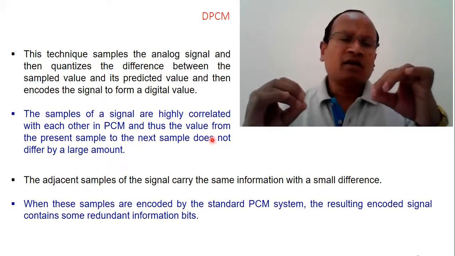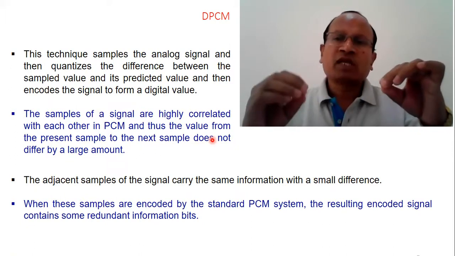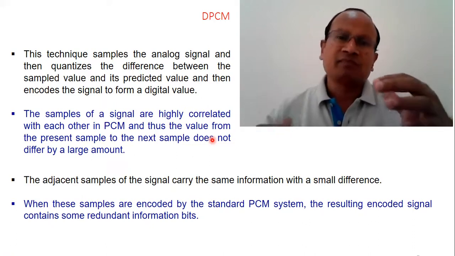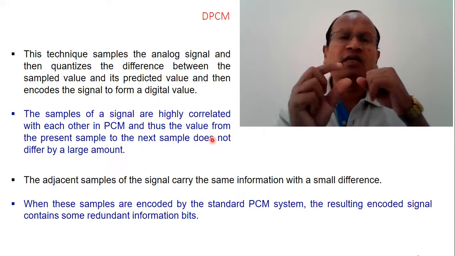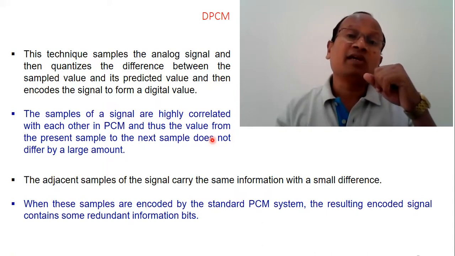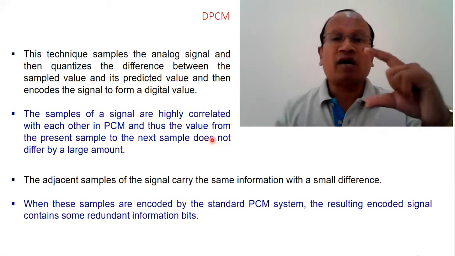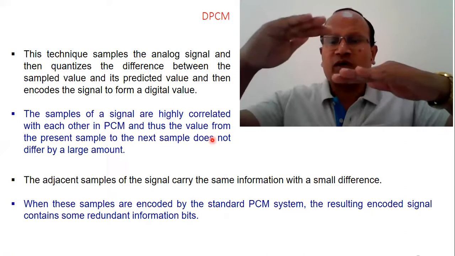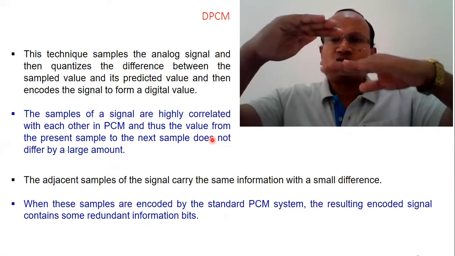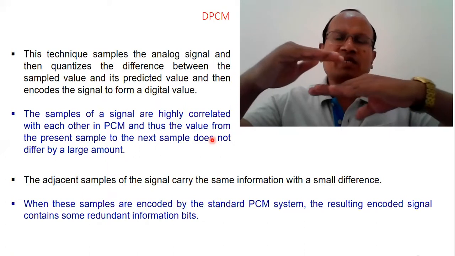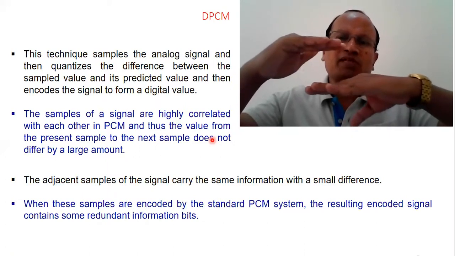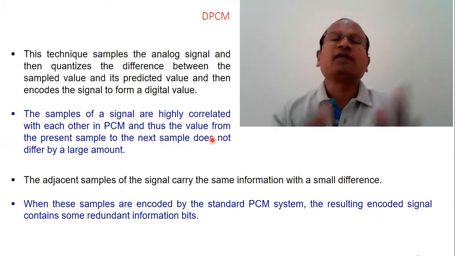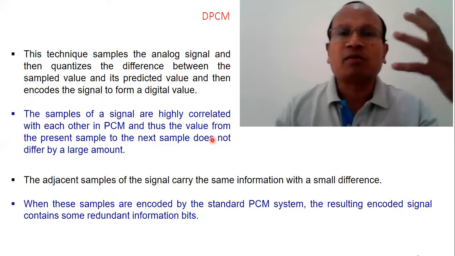So rather than quantizing and encoding all the samples individually, what do we do in DPCM? The difference between two samples is quantized and encoded. So the benefit is, you have this much height of sample, there is another height, here is one more, here is one. Both the samples would be quantized and encoded, but in DPCM the difference between the two, which is very small, is encoded, and this is how the redundancy problem is addressed.